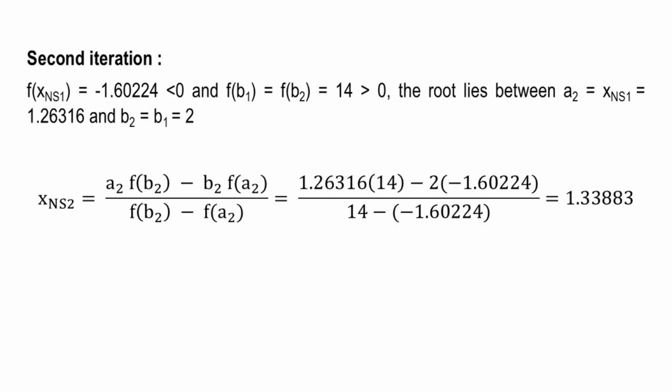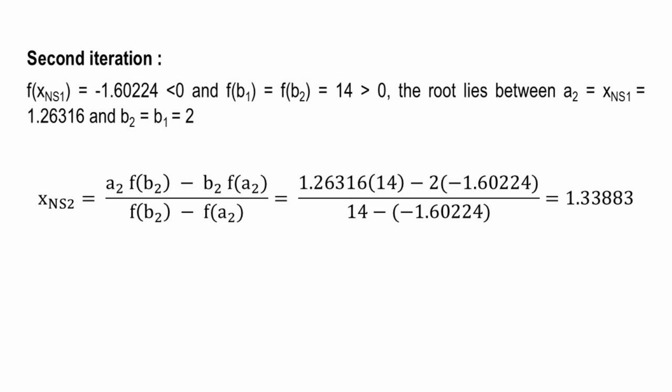Now we compute the value of x sub ns2 using the formula a sub 2 multiplied by f(b sub 2) minus b sub 2 multiplied by f(a sub 2), all over f(b sub 2) minus f(a sub 2). Substituting the values, x sub ns2 is equal to 1.33883.